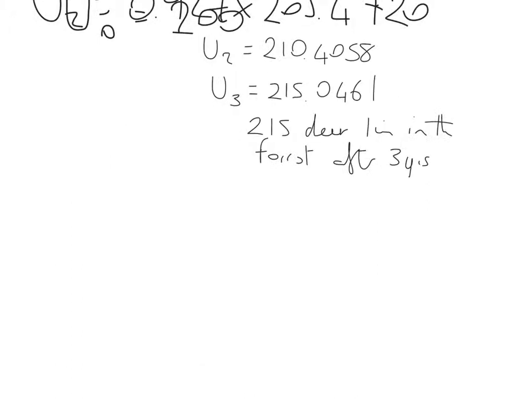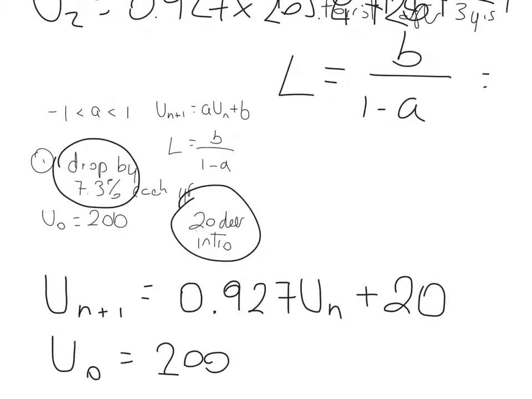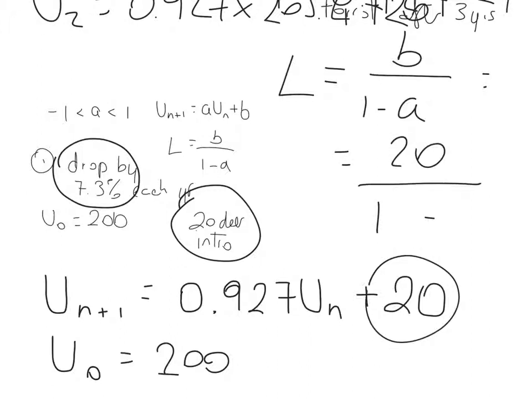Okay, part B of the question is, what is the long-term effect on the population? Well, that's implying that we should look at the limit. First of all, a limit would exist since 0.927 lies between -1 and 1, and to get the limit it would be b over 1 minus a. So that's 20 over 1 minus 0.927.